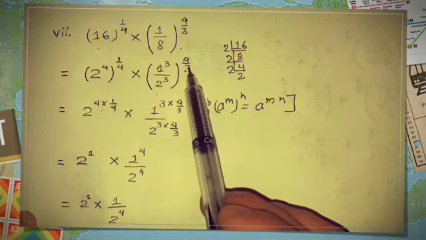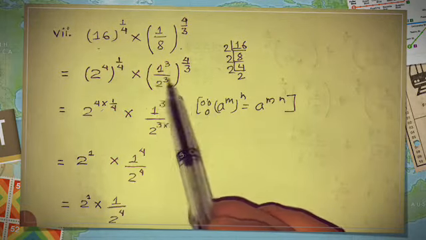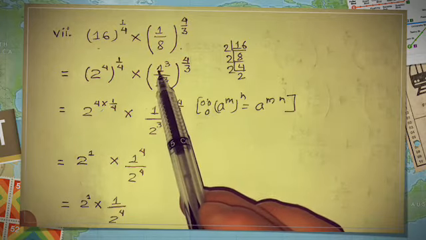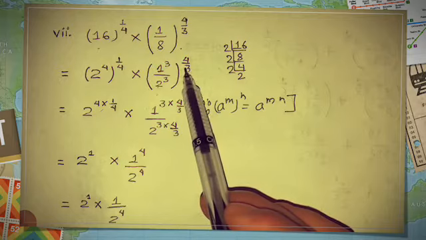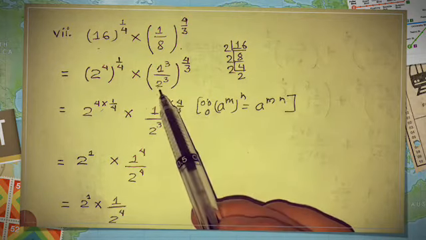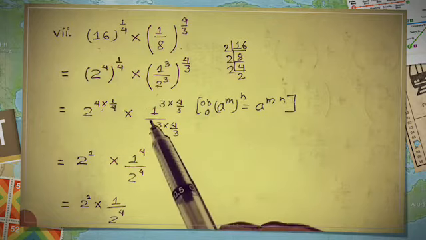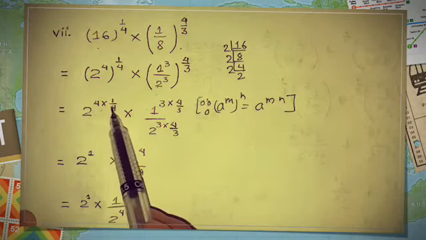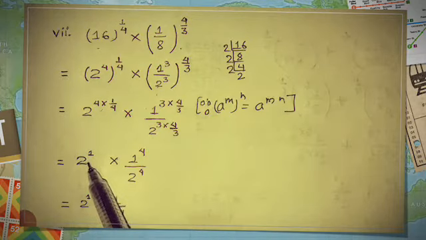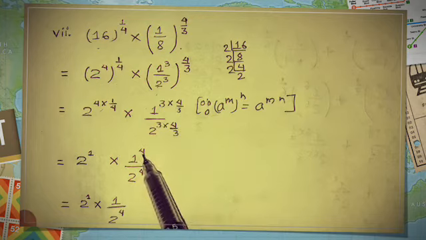Here this power 4 by 3 belongs to this base also, numerator also and denominator also, because 4 by 3 is the whole power of both fractions. After that 4 will be cancelled, 1 left here, and 3 will be cancelled, then 4 left here.